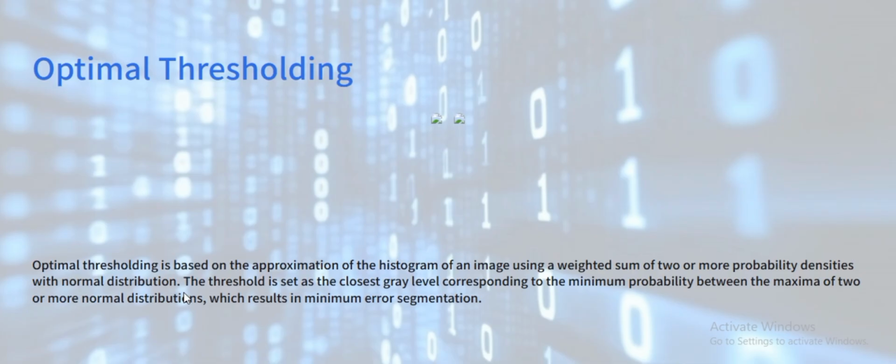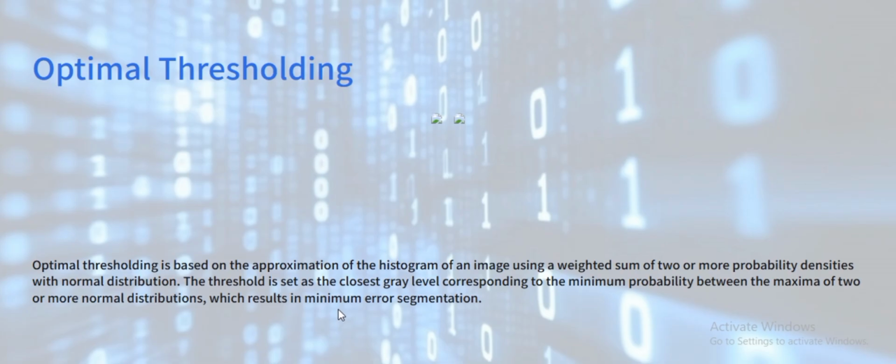The threshold value is set as the closest gray level corresponding to the minimum probability. So, from the normal distribution, we select the threshold value with the closest gray level, that is the minimum probability value between the maxima of two or more normal distributions. We select the threshold value equivalent to that gray level.